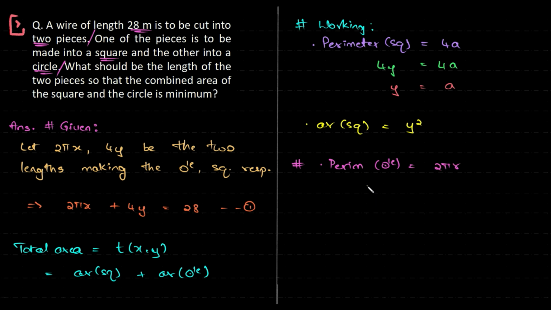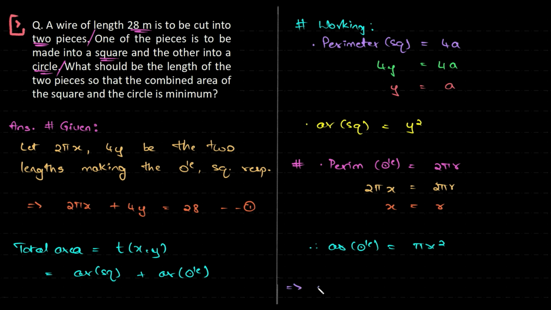And so we have 2 pi x is equal to 2 pi r, my bad, so x is equal to r. Agree? And finally, we have the area of the circle to be pi x square.